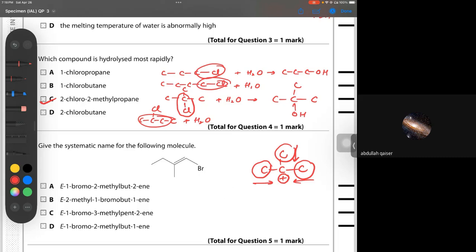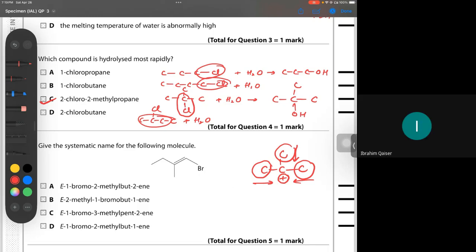So the tertiary would be more stable. So that's going to weaken the bond of carbon and chlorine. As a result, less energy would be required. So the OH can substitute this chlorine very easily. So I can say that this compound is going to hydrolyze most rapidly.